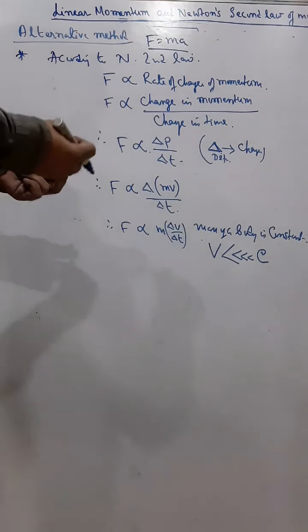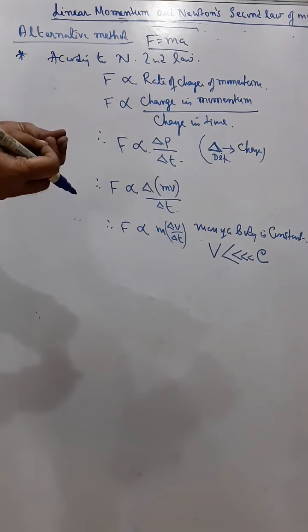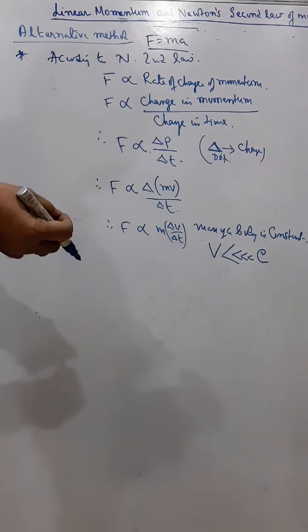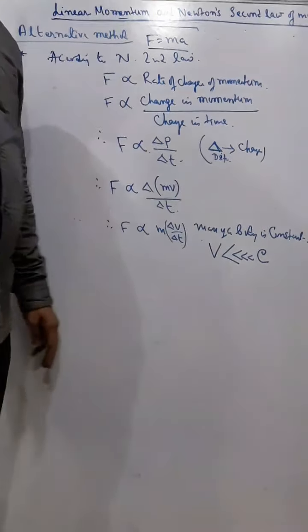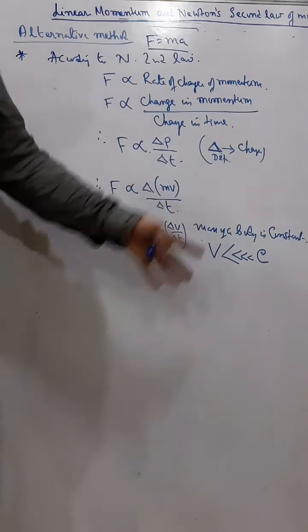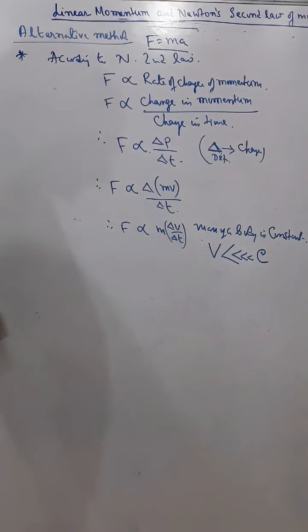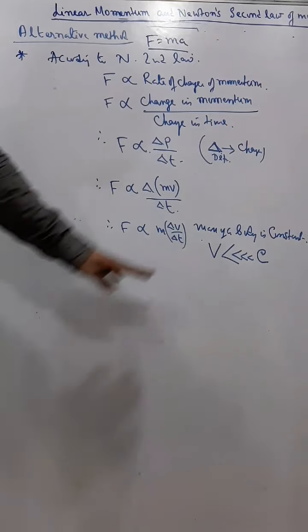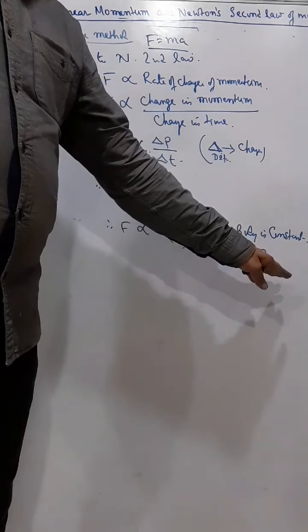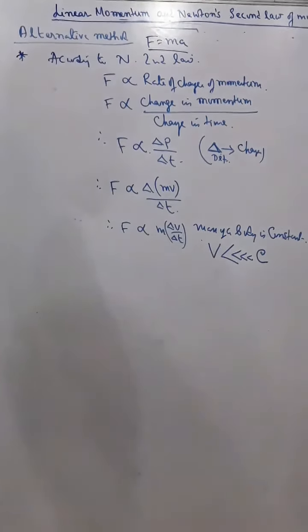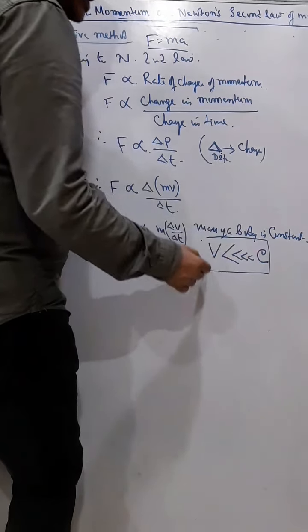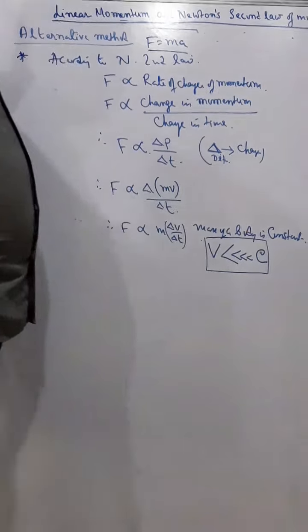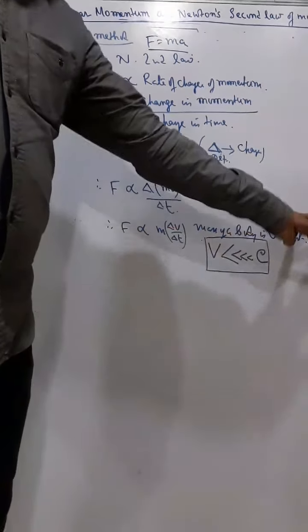Most bodies in this world, the normal bodies we know, naturally have speeds very much less than light. So as long as the velocity of the body is much less than light, the mass of the body is constant.